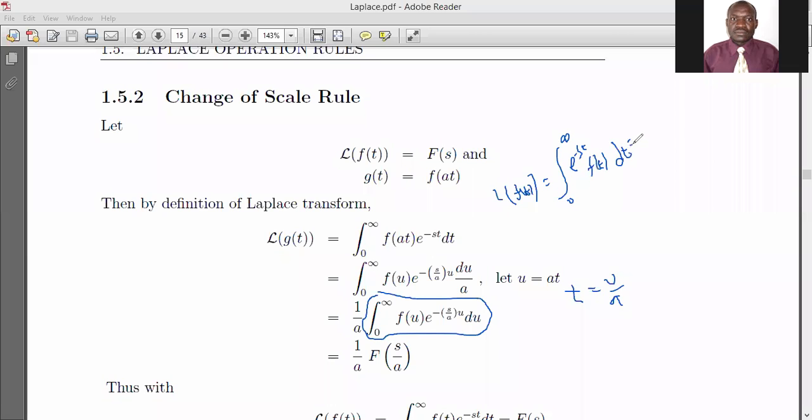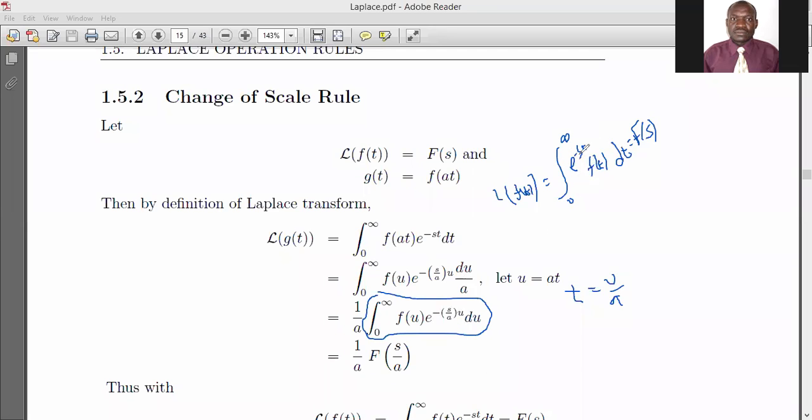But remember, this is F of S. This one we have been looking at since we started. So I'm trying to associate this with this part here. I'm trying to link this with this.